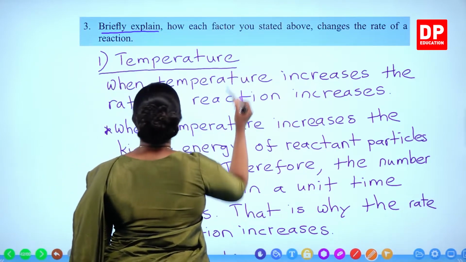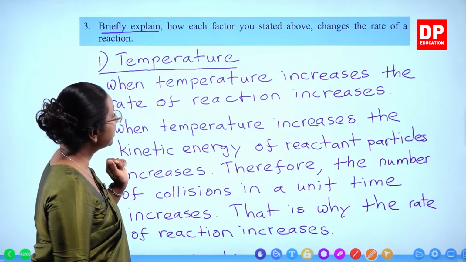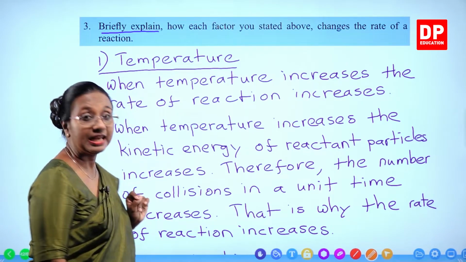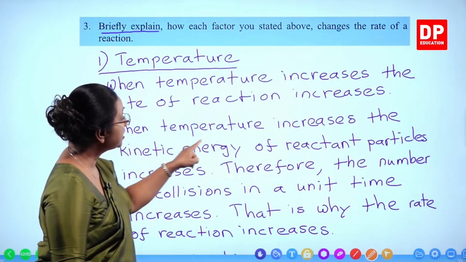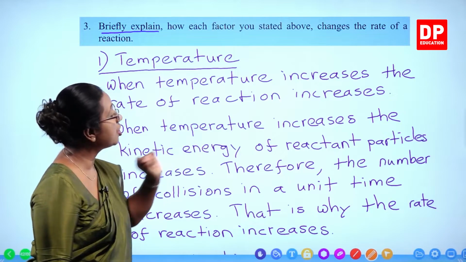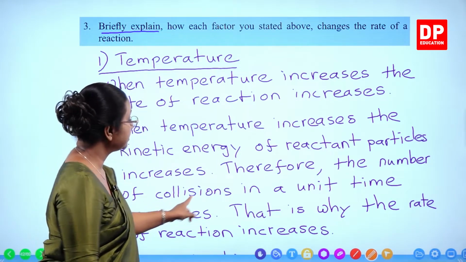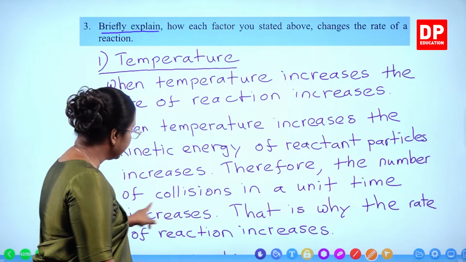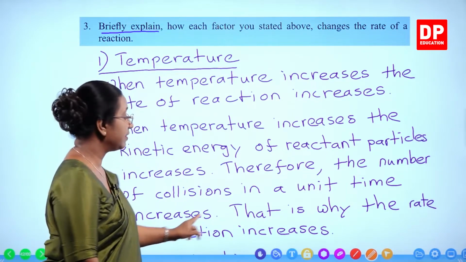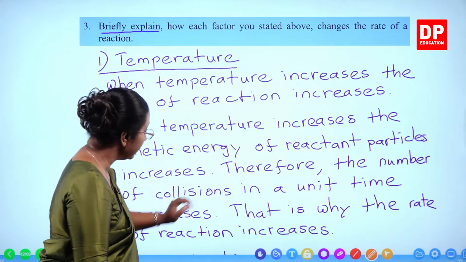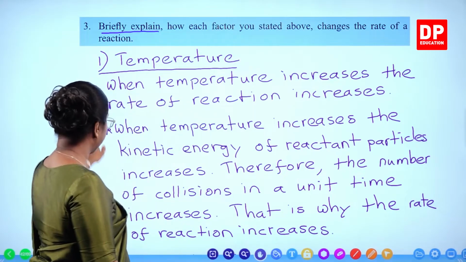So temperature, how does it affect? When temperature increases, the rate of reaction increases. When temperature increases, the kinetic energy of reactant particles increases. Therefore, the number of collisions in a unit time increases. That is why the rate of reaction increases. So that is the explanation for temperature there.